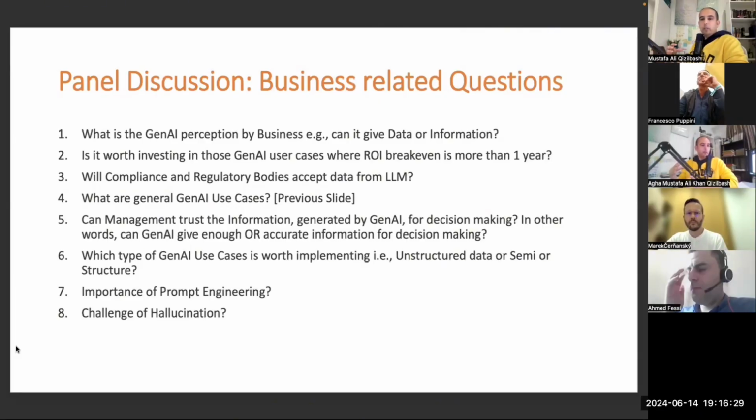When business comes to me, what I have analyzed is that if the project is related to reducing OPEX, at the end of the day, I believe these categories are not good enough to go towards a GenAI solution. Yes, if you're generating revenue, then it might be a good idea to go towards GenAI. What do you think?